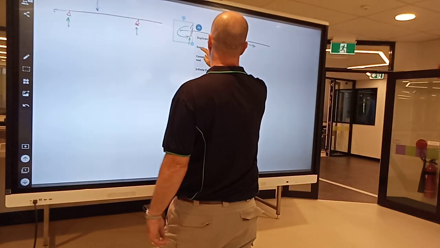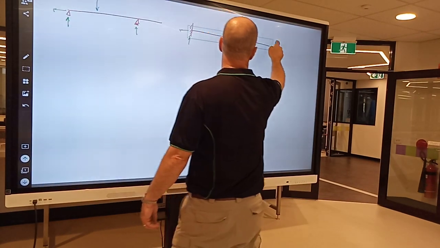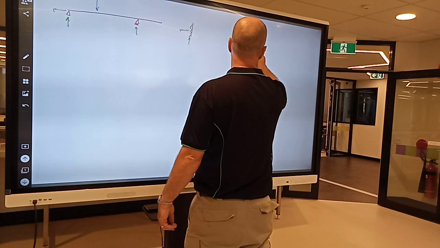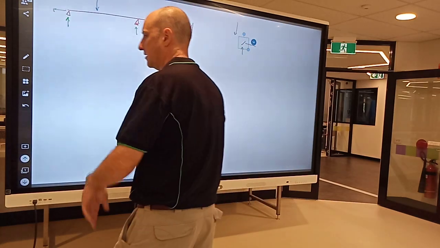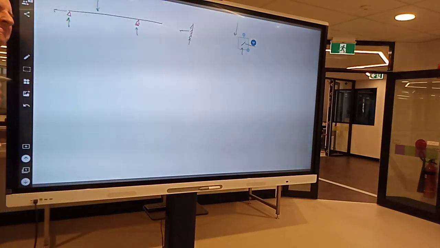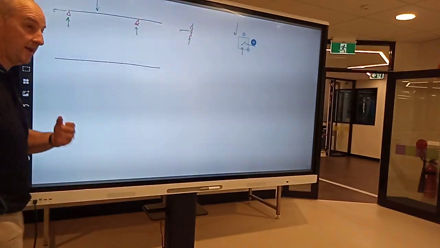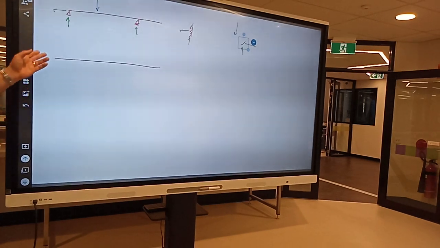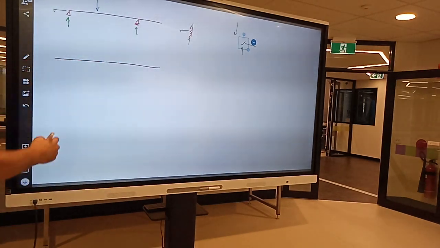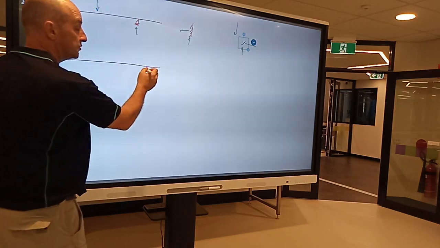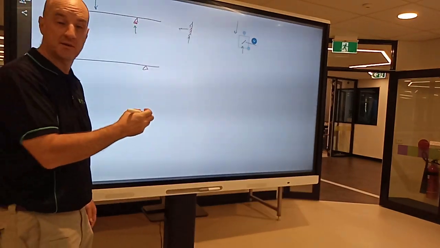So let's have a look at this, and we will also put a different force on it. Let's go through some theory first. If we have a beam, and whenever I draw a beam, just assume there's some support somewhere. For the rest of this tutorial, I will only draw statically determinate beams. Okay. All right.